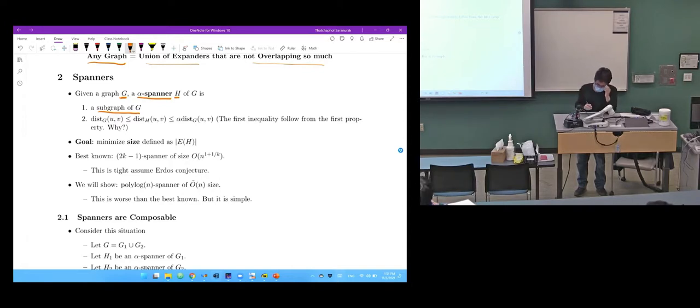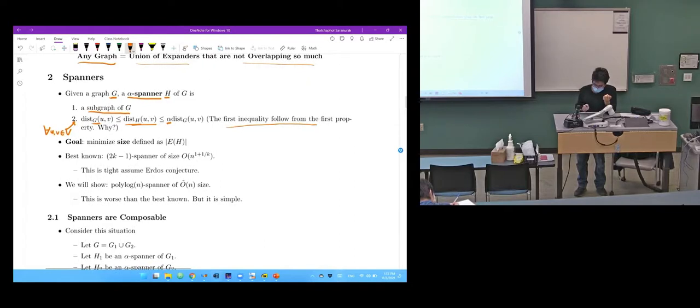But at the same time, for every pair of nodes u and v, the distance is preserved up to an alpha factor. So the distance in H is at least the distance in G, but it's not too big compared to the distance in G. By the way, here the first inequality is kind of trivial. It follows from the first property.